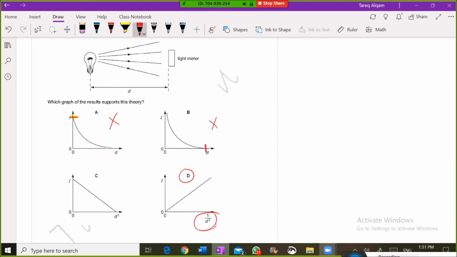It's not linear. So if I draw I versus 1 over d squared, I get a straight line. This is inverse proportional, guys, even though the graph is straight, because it's 1 over d squared.